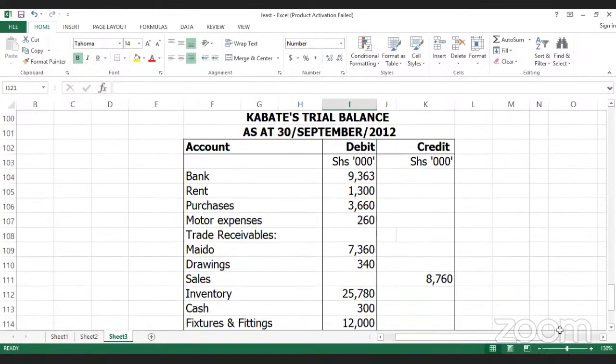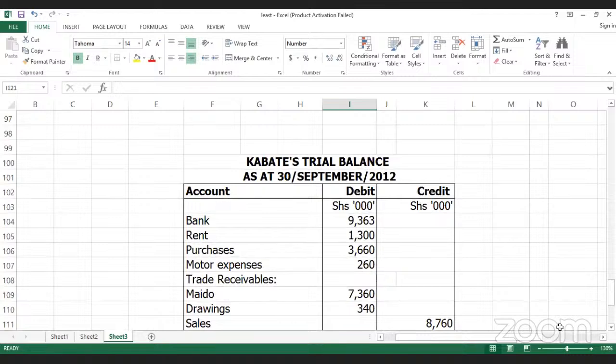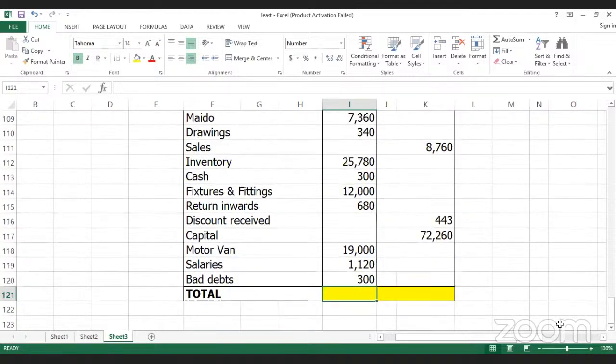Now you're going to sum up. You give me the figures you have on your debit and credit, and then we'll see. Harriet, get your figures. Jane, get the figures also.